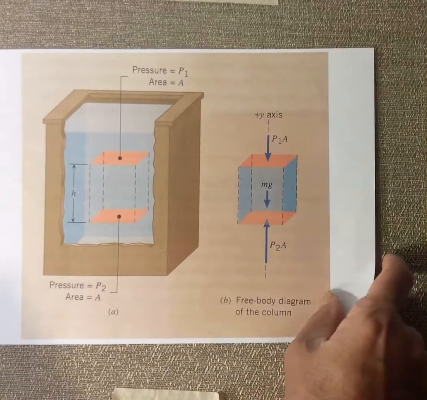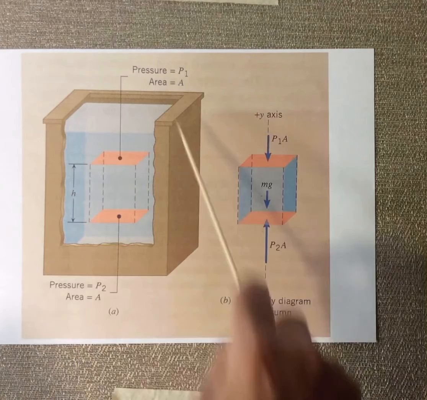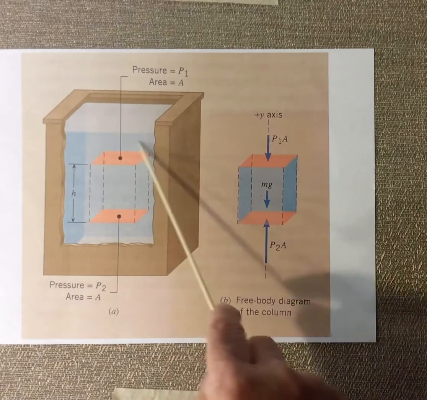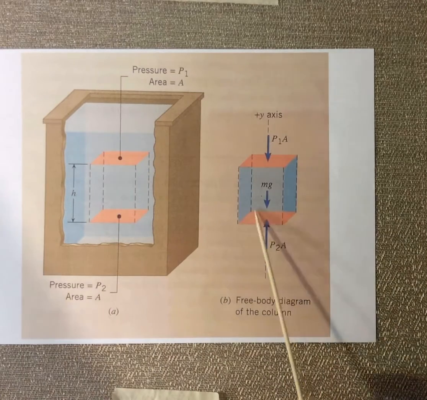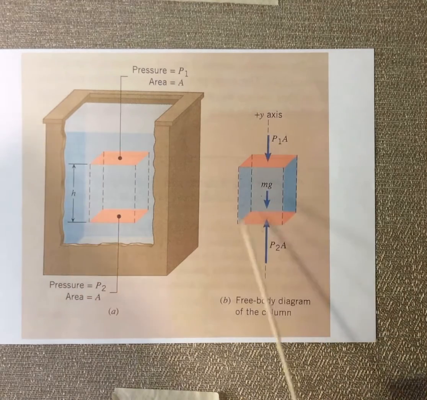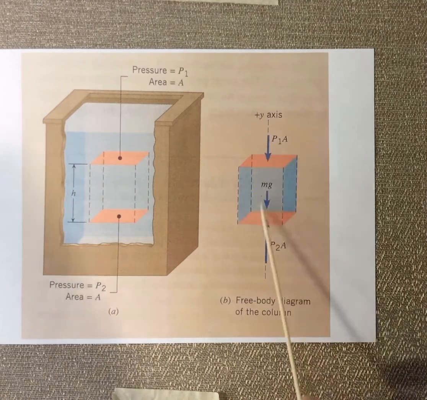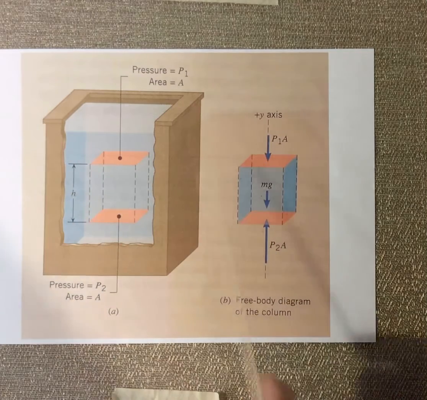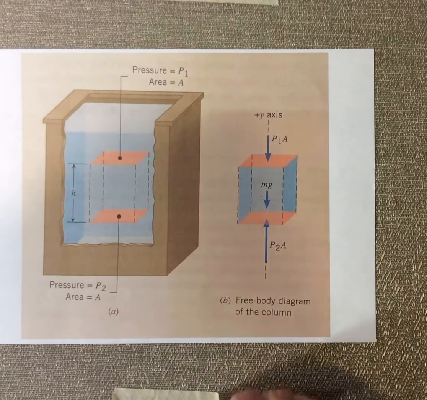Alright, this is the fluid here, and we're taking a small piece of a cubical type, the cube actually. You have cross-sectional area here, top and bottom, that's what we're trying to do, and figure out P1, P2.